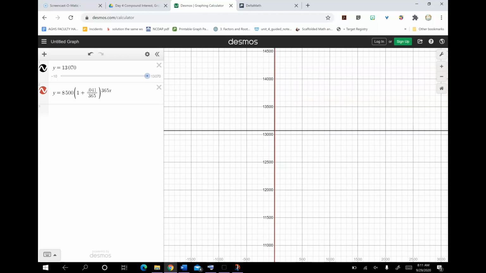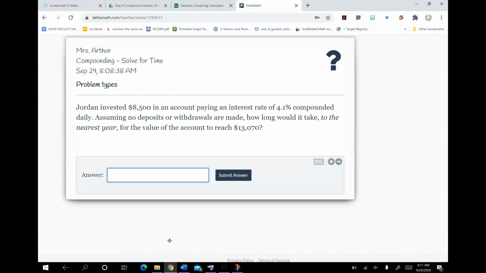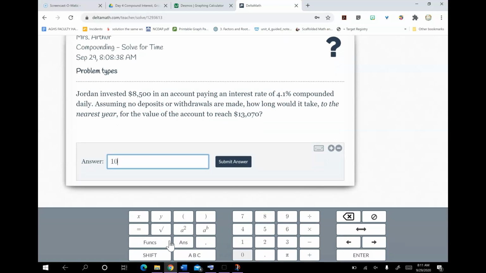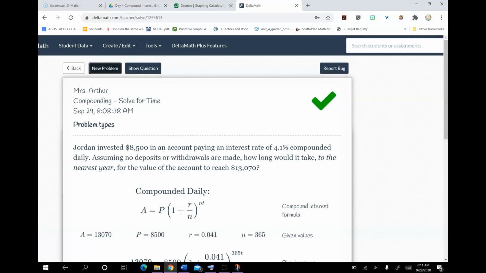There it is. All right, zoom in, click it, gives me that number. So years, it's going to be about 10 years. Okay, we're getting that x value, remember, because you're solving for x. So it's going to be about 10 years. Okay, all right, so that's how you solve for t.